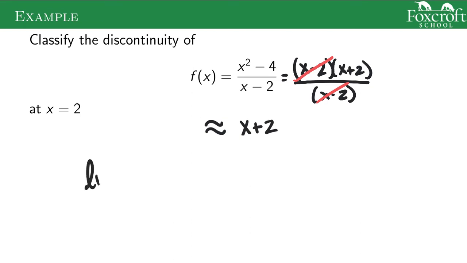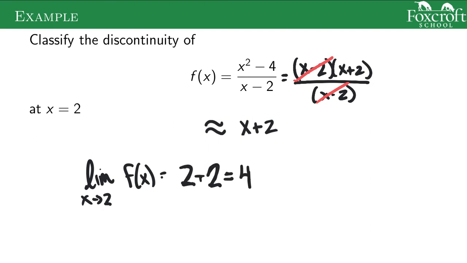So the limit as x approaches 2 of f of x, that's a 2, not a 7, means I can just plug 2 into the simplified version. That's going to give me 4. So this limit does exist. I can find the limit, which means this is going to be a removable discontinuity, because whenever the limit exists, it's removable.